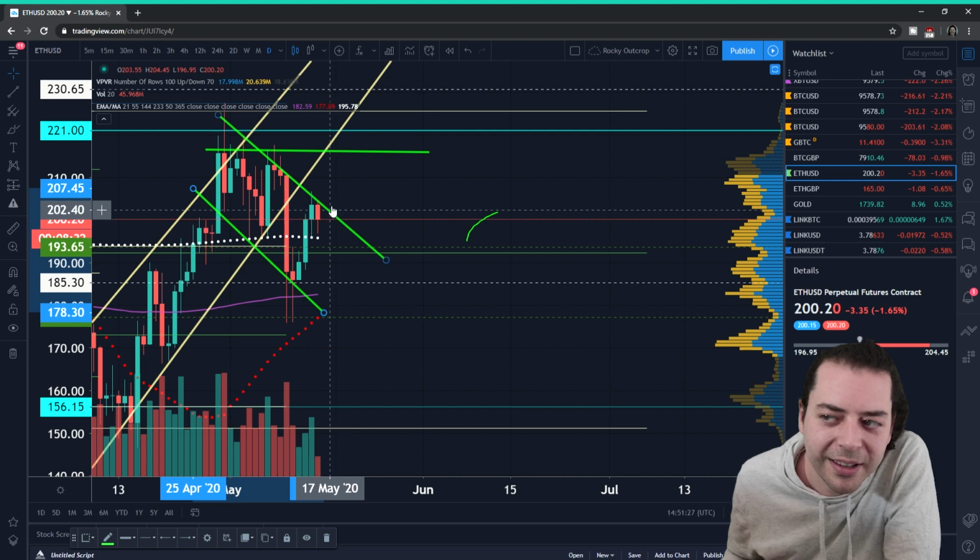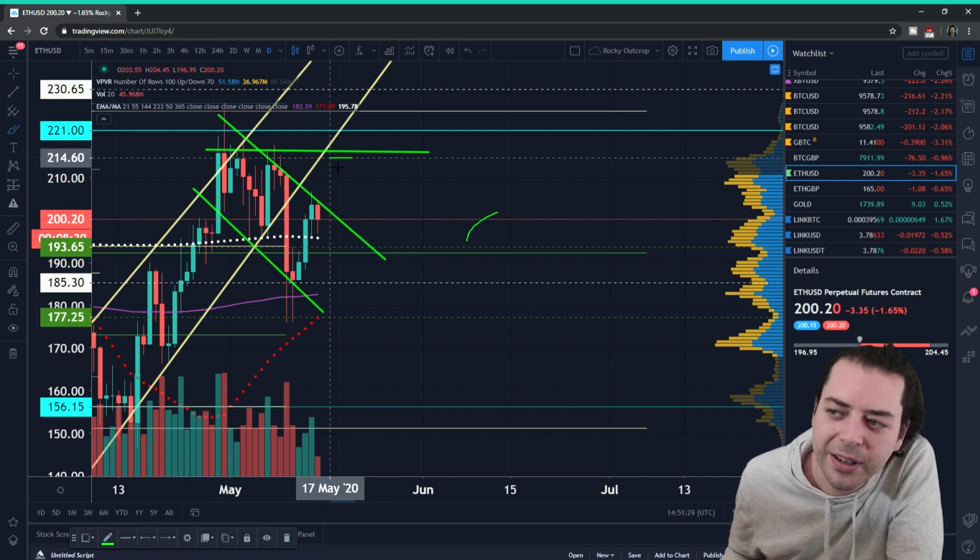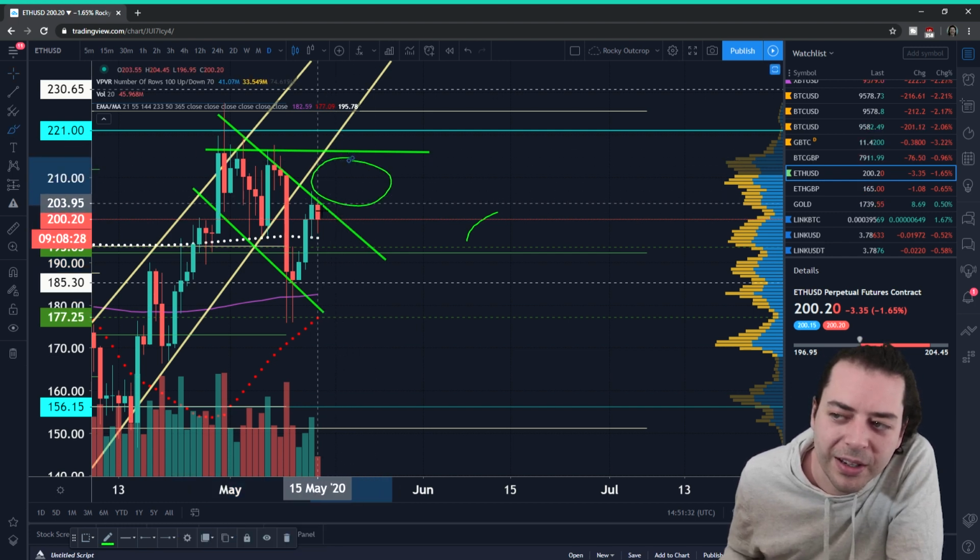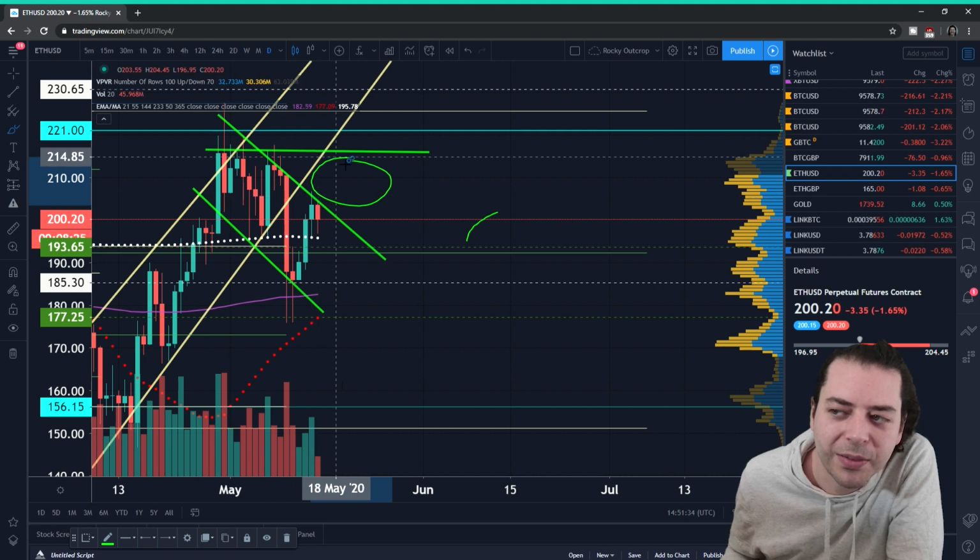Then we've got this zone in the middle where we could think about, if we break up above this in the 205s, will we make it up to the 210 targets and try to get into the 220s and make it back into this wedge?